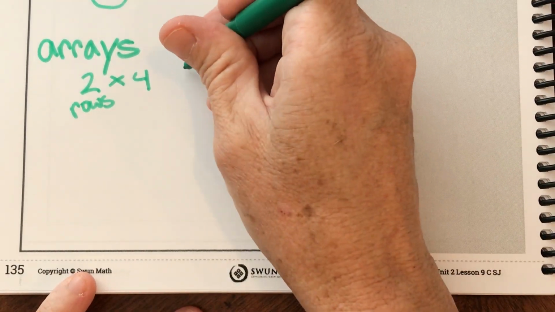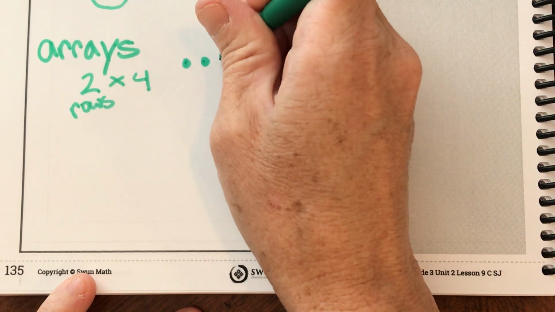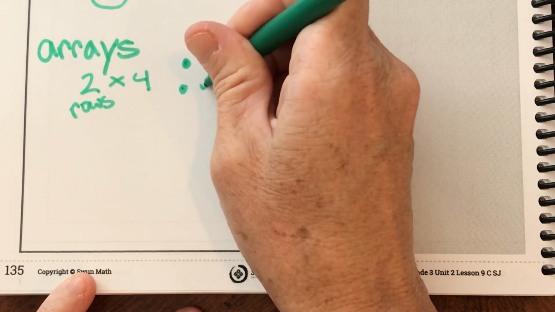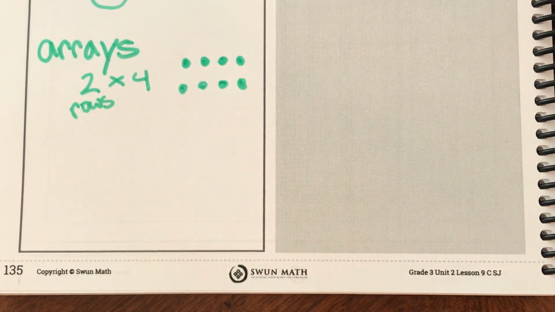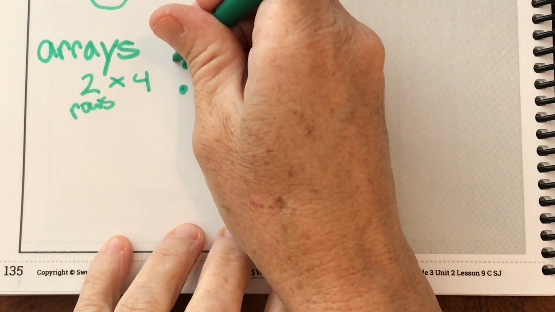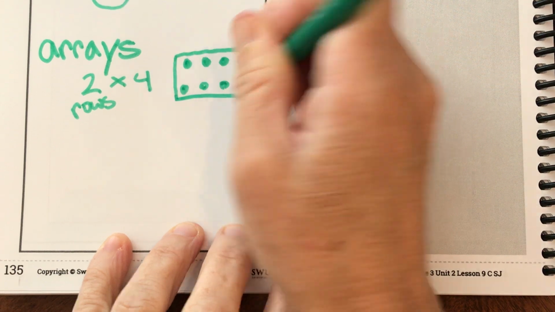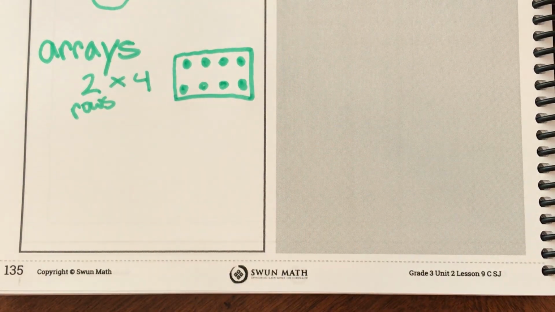So we have 1 row of 4 is 1, 2, 3, 4. And then one more row of 4. That is the array for 2 times 4. Okay, what I want you to notice about an array, ladies and gentlemen, is it should create this box. Arrays should create the box if you're doing it correctly.